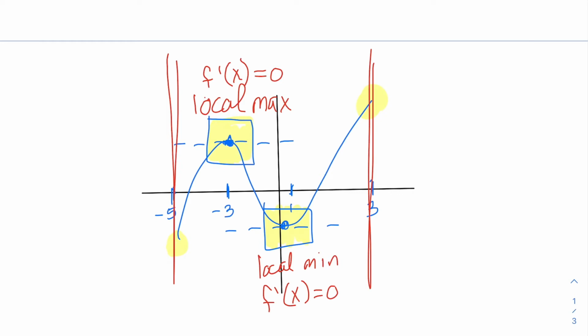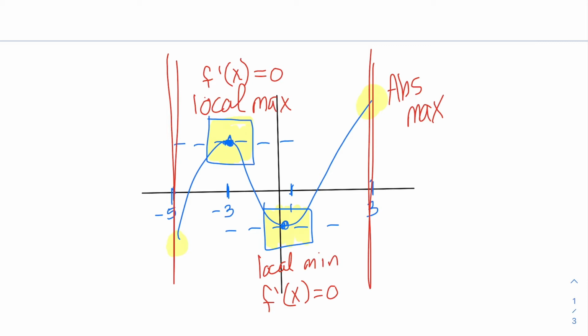Let's see at those points if those values happen to be either greater than the max or less than the minimum value. And if you were to eyeball this, you can see hopefully that the endpoint at +3 would actually be a greater y value than what we had at our local max. So our absolute max in this example would be at the endpoint where x is 3.